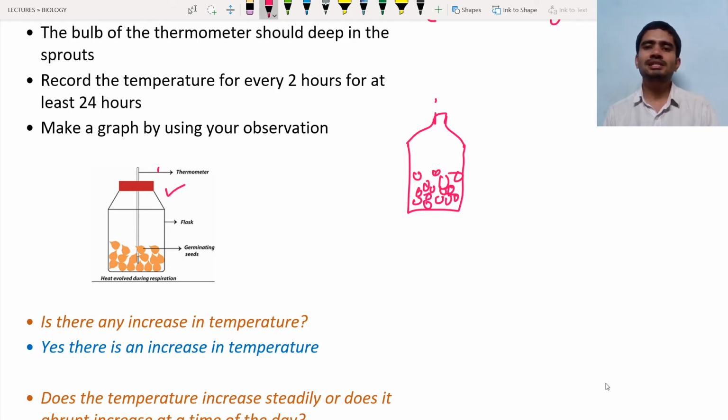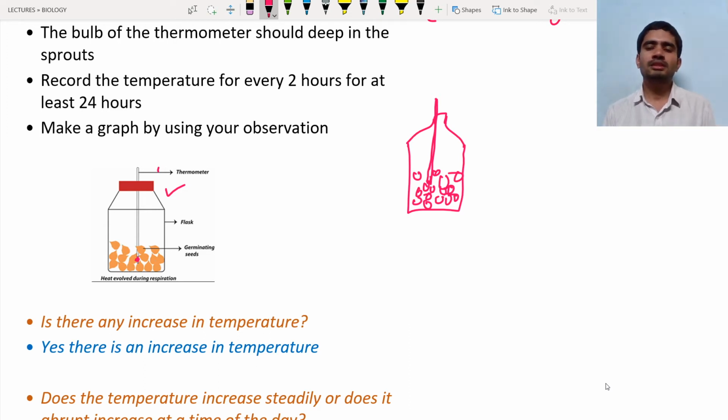Next, insert a thermometer into the sprouts. The thermometer should be inside the sprouts, with contact between the sprouts and the thermometer bulb, which is the tip of the thermometer.